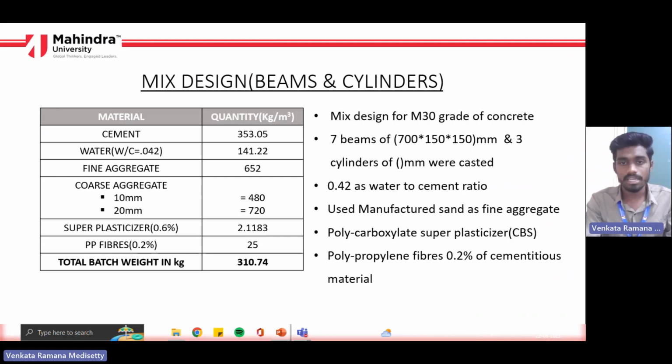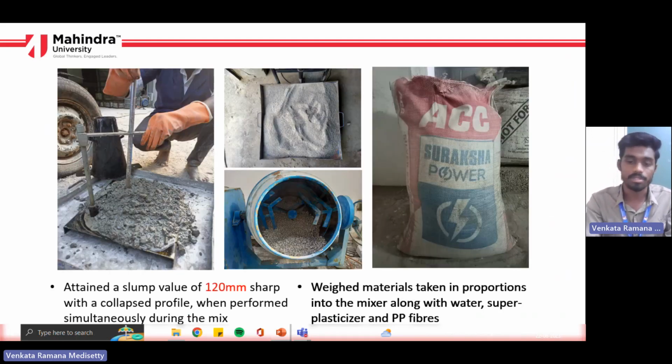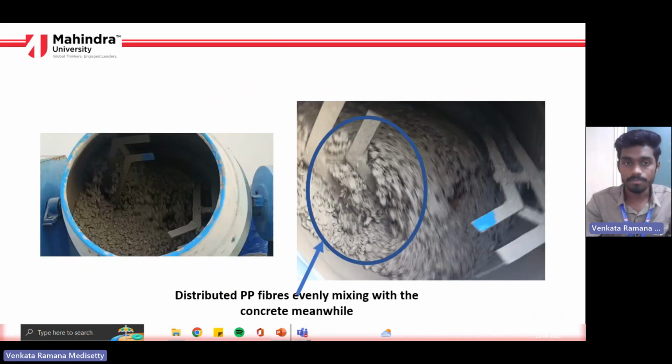And again, 0.42 is the water to cement ratio, used M sand as fine aggregate, polycarboxylate superplasticizer, and 0.2% of polypropylene fibers. And I went with ACC super grade as cement. And again, 120 as the slump value for the original mix also, but this time I used a bigger mixer to cast 7 beams, as it was a big proportion.